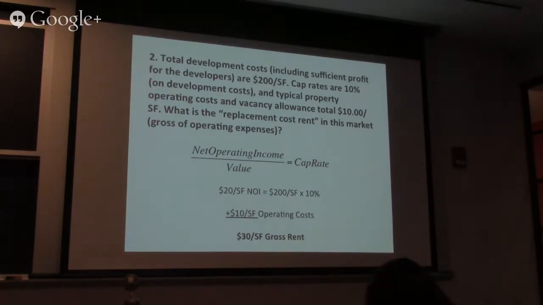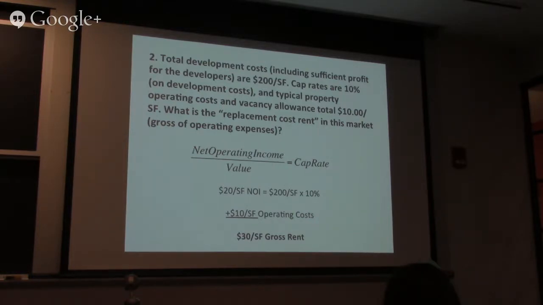So basically, to find your net operating income, this number, you multiply your cap rate times your building costs. Yeah. 20 plus 10, because it's a gross rent. So you add in your $10 in operating expenses as well. So you're basically working your way back up the setup, starting at the bottom and going up to find what your gross rent is.